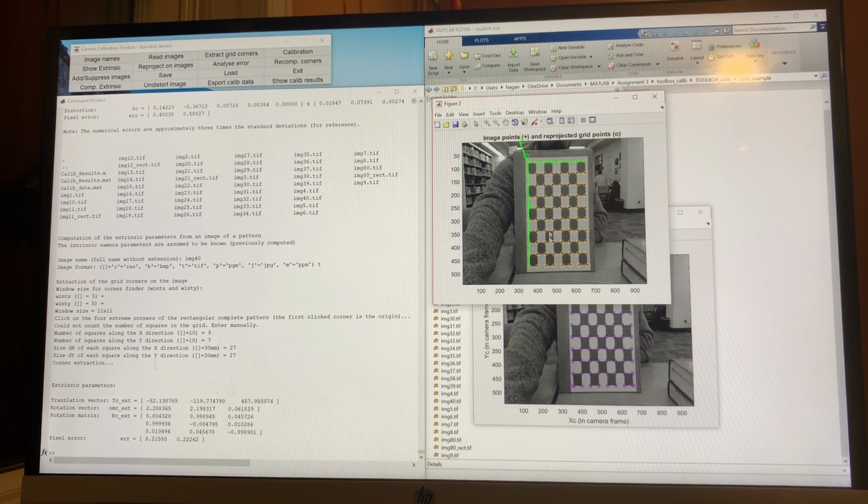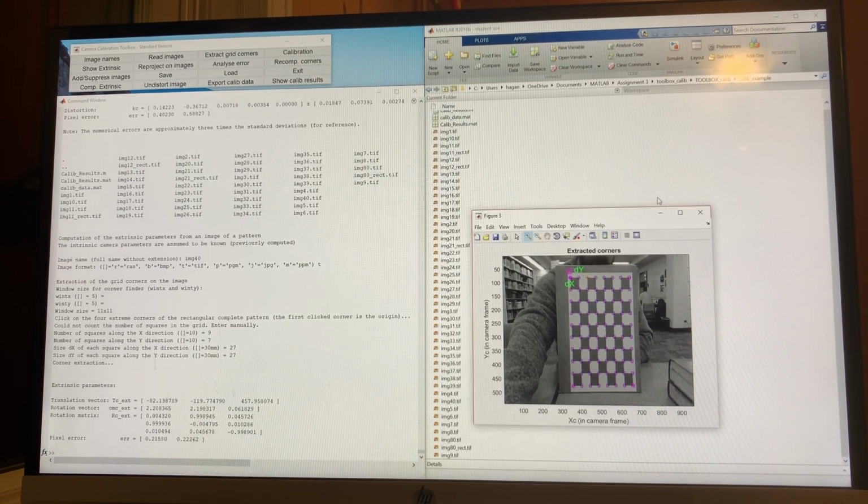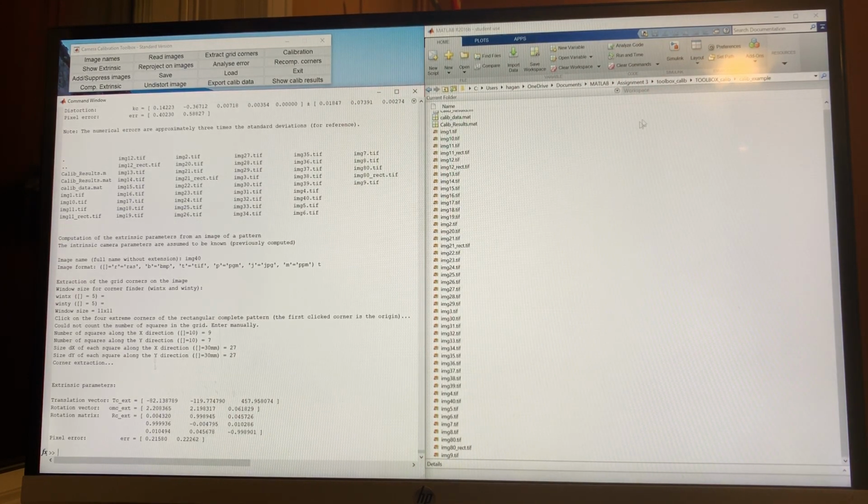Based on the system, our origin is at -82 in the x direction, -119 in the y direction, and 457 millimeters in the z direction, which is coming right at us. Camera calibrations are very important and used for vision systems.